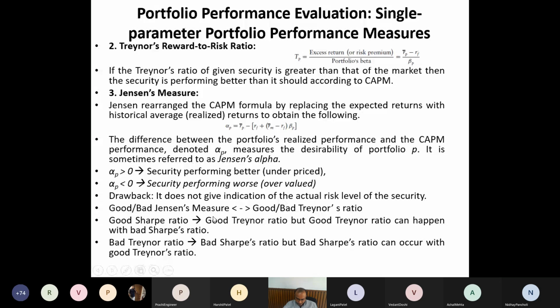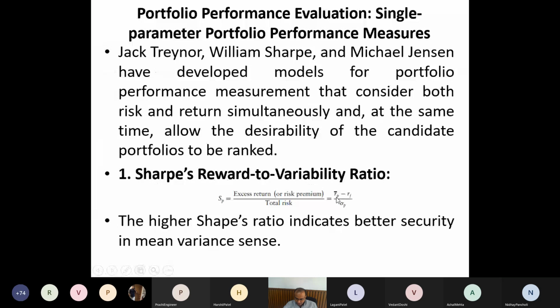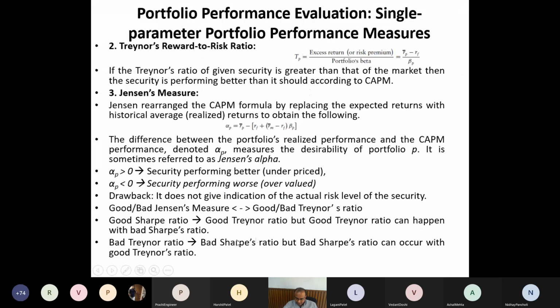If we compare Sharpe and Treynor, a good Sharpe ratio means higher return and lower portfolio risk, which means good Treynor, because beta p depends on sigma p. But if you have a good Treynor, that means your beta p is lower, though beta p is a relative term with respect to the market. Suppose the market itself has higher risk, then your beta may be equal to 1 or maybe less than 1.